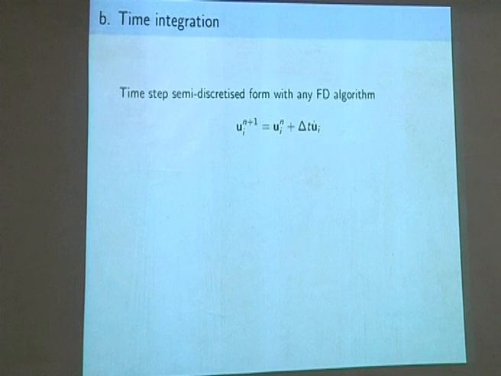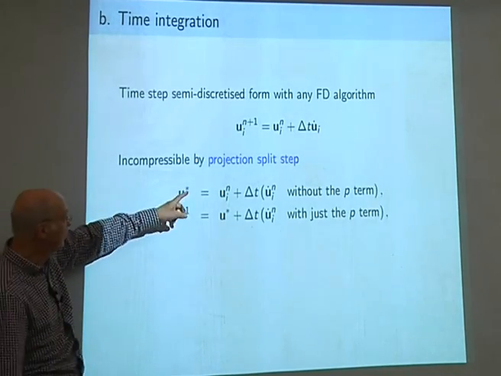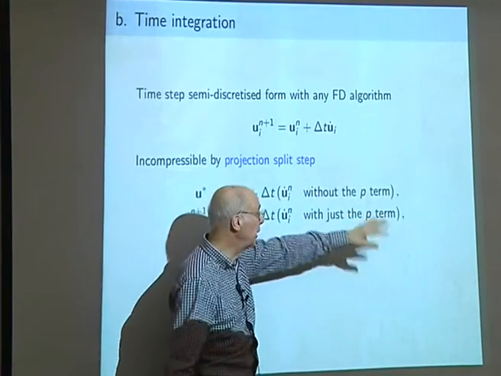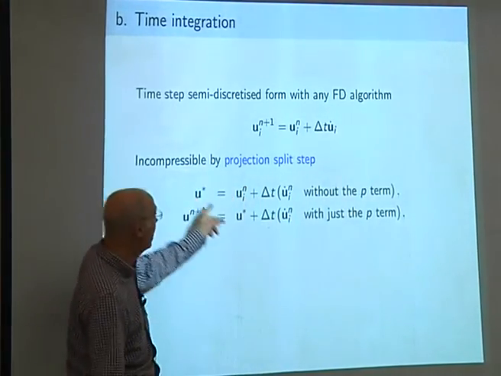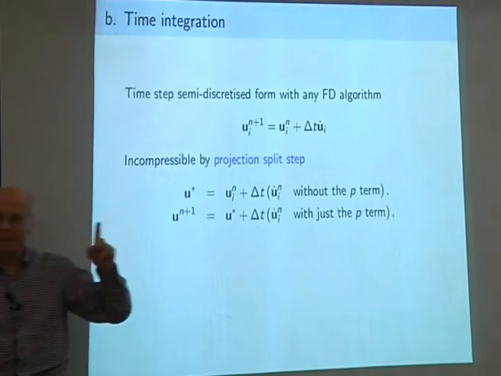And then you need to have some method of time integration, and I'm using first order integration in time, and you have to do a split time method to get to the pressure. So you make a first half step, ignoring the pressure. You take the governing equation and just switch the pressure terms off and go from u n to u star.